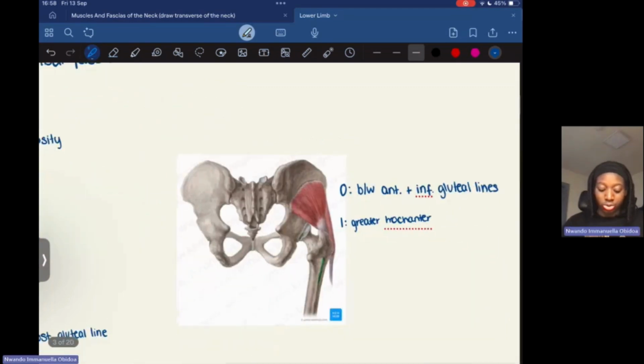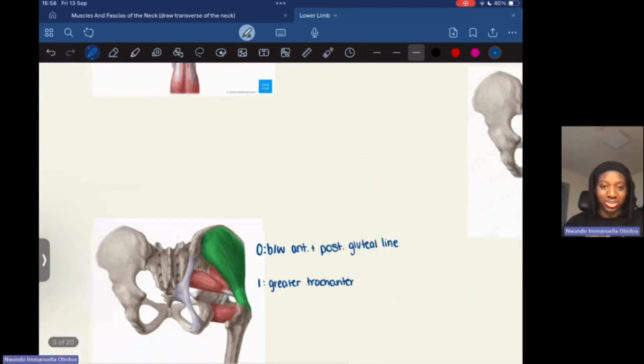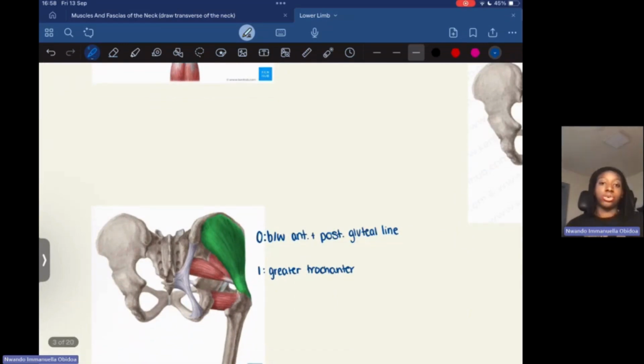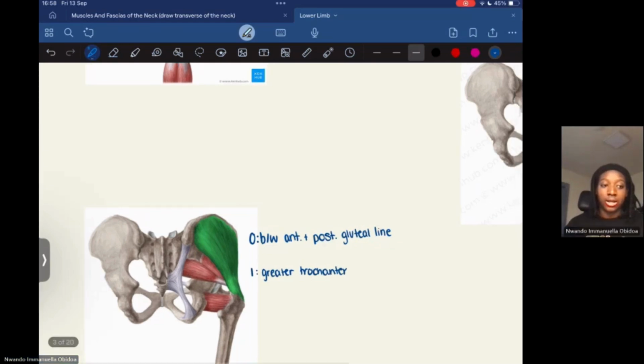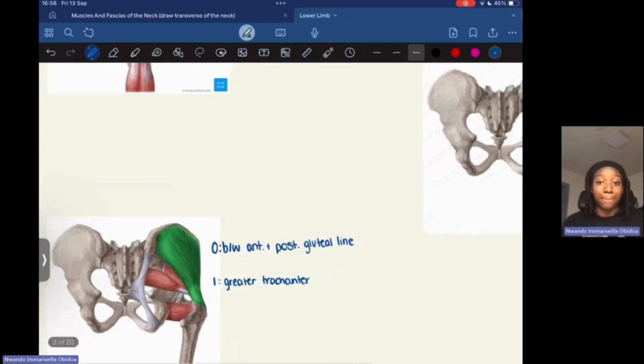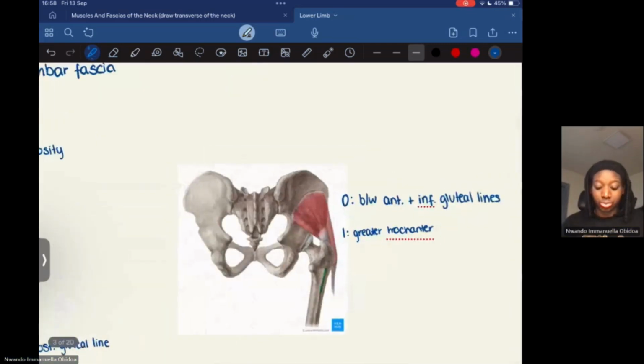This is your gluteus medius, which originates between the anterior and posterior gluteal lines, and inserts on your greater trochanter. And then you have gluteus minimus, which is between the anterior and inferior gluteal lines and inserts on the greater trochanter.